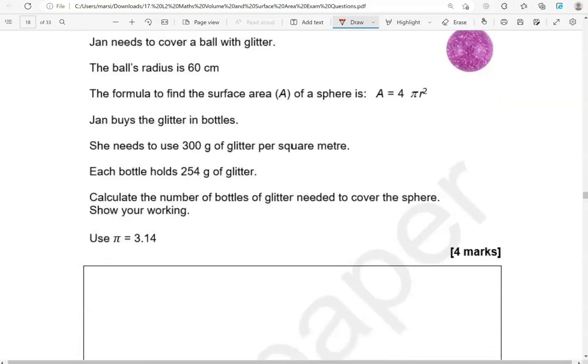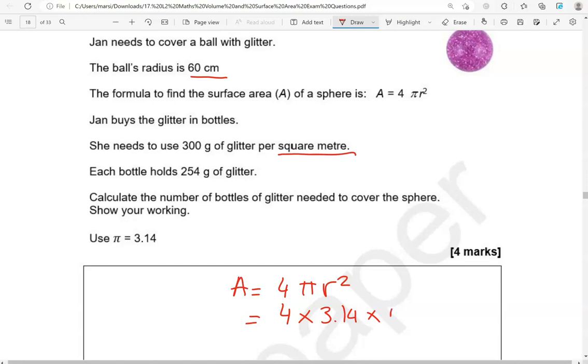So we've got the formula: four times pi, which is 3.14, times the radius, which is 60 centimeters. But as we're going to later work with square meters, it makes sense to convert this now into meters.